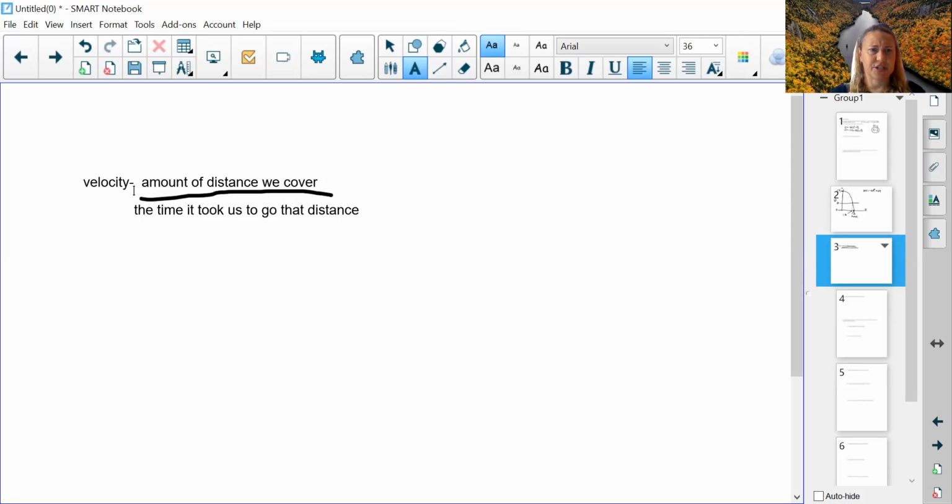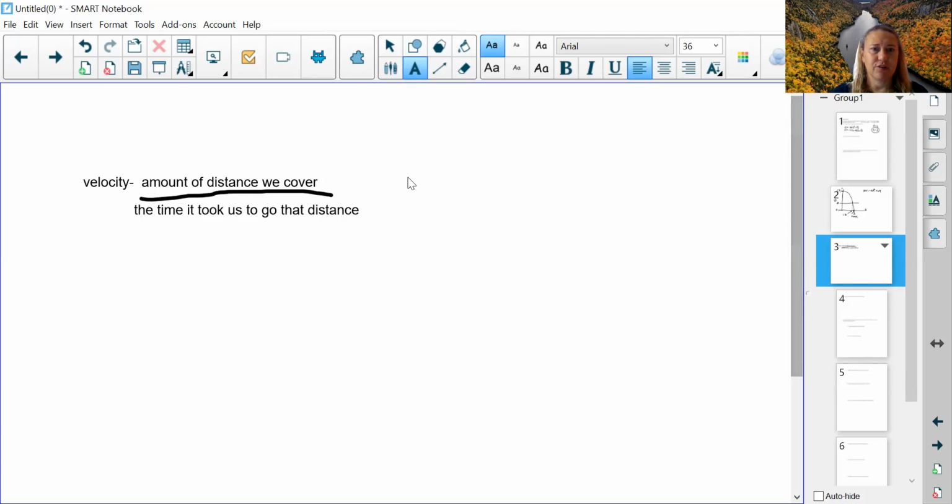This is supposed to be a fraction. So when you're going 60 miles per hour, it takes you a total of 1 hour to cover a distance of 60 miles. We are looking at the average velocity from 1 second to 2 seconds.